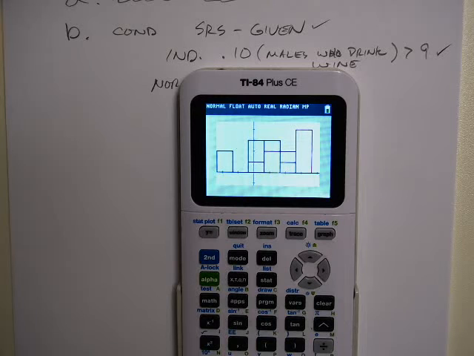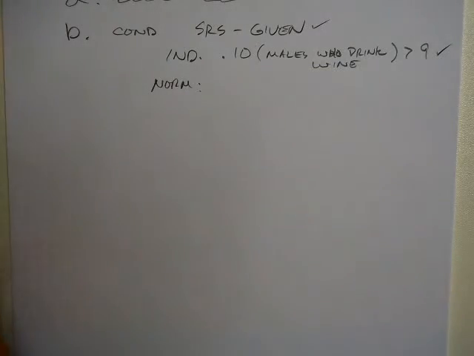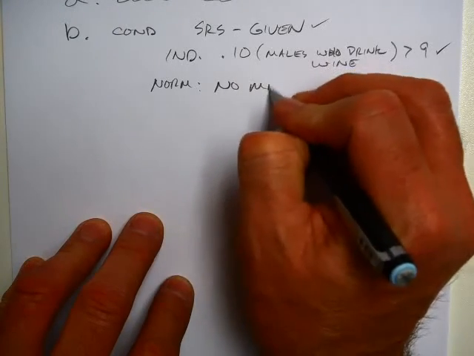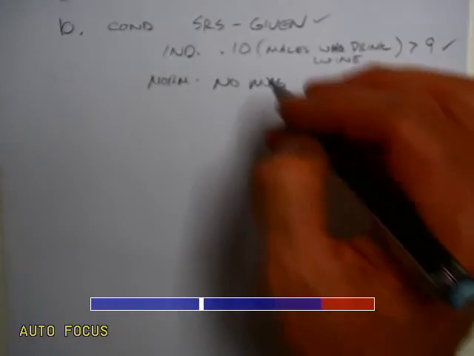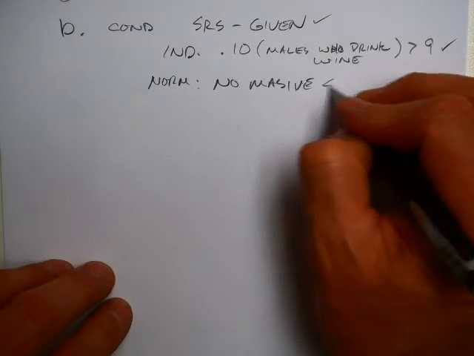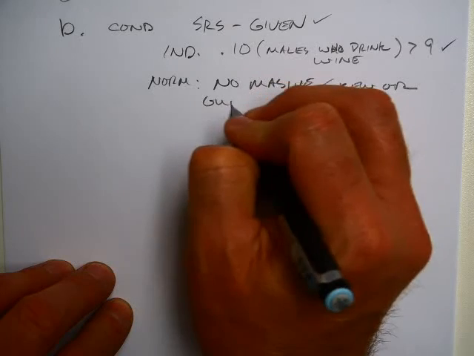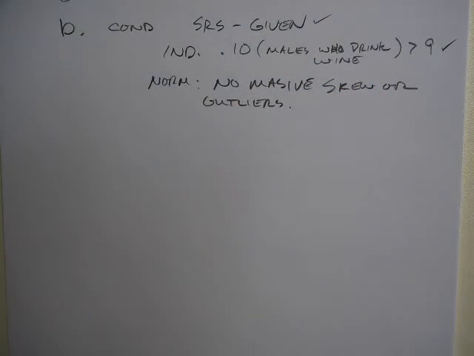Yeah, sure, it's fine. We want this to be good so we can go forward. Okay, so no massive skew or outliers. And you probably can't see it again, right? Oh, wait, yeah, you can. Does that mean no massive outliers?